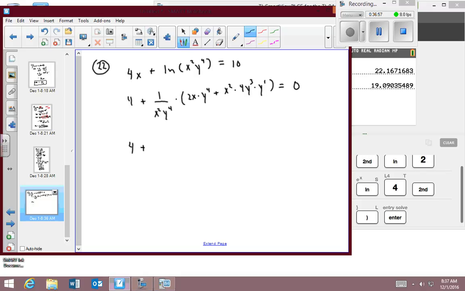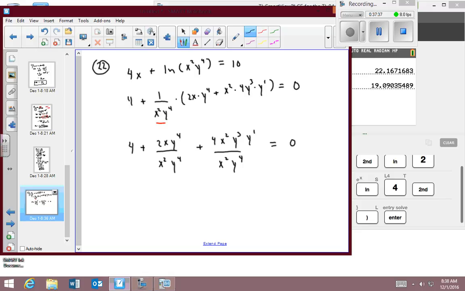So 4 plus, and I've got to run this through the denominator so I can get it. So that's going to be 2x y to the fourth over x squared y to the fourth, plus, this is x squared, I'll put the 4 out front, 4x squared y cubed y prime over x squared y to the fourth, equals 0.